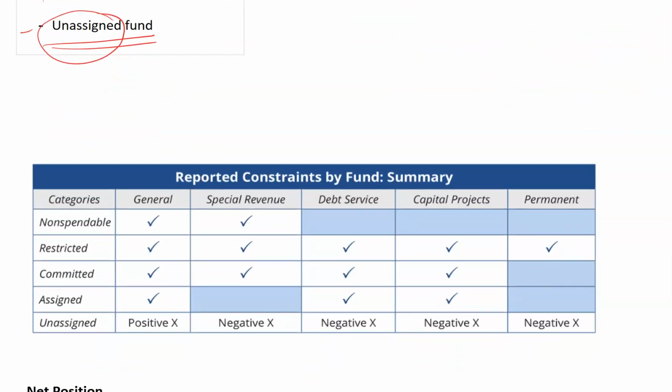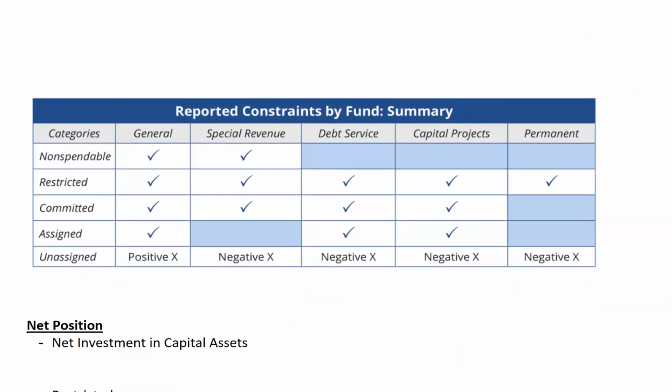So now next you will see the fund constraint and a quick summary on that. We just learned all those categories of funds, and the general fund includes most of the governmental regular day-to-day general activities, and you will see all those 5 categories under the general fund.